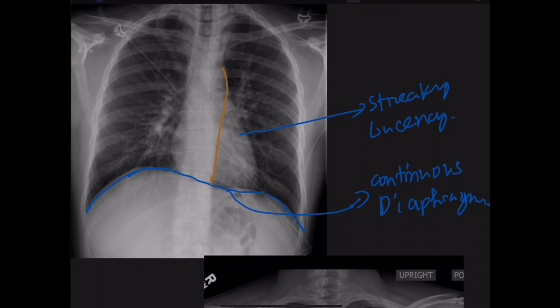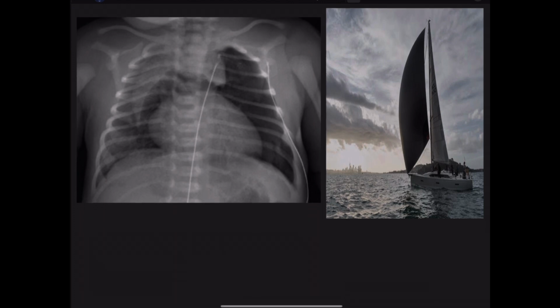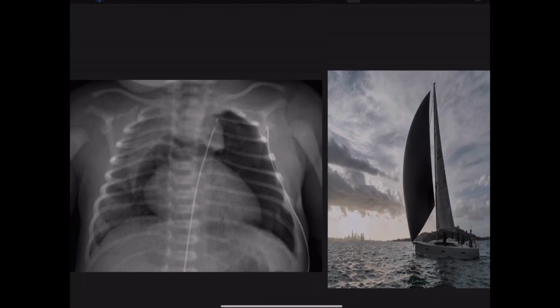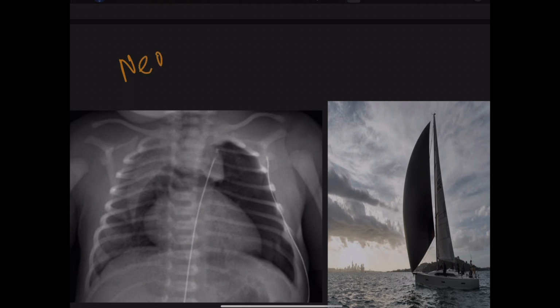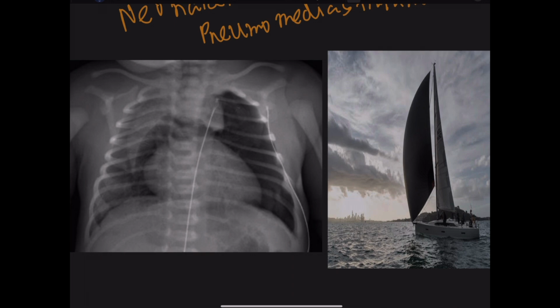Okay, let's see this case, and you can see that this is a case of neonatal pneumomediastinum. We know that in neonates the thymus is large relative to the other organs.